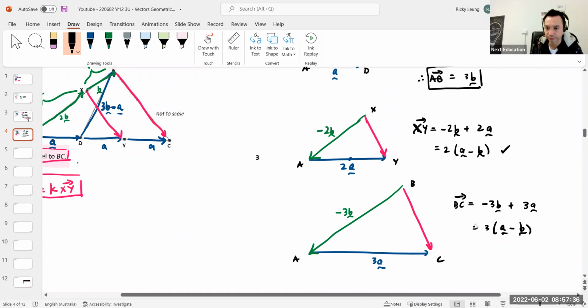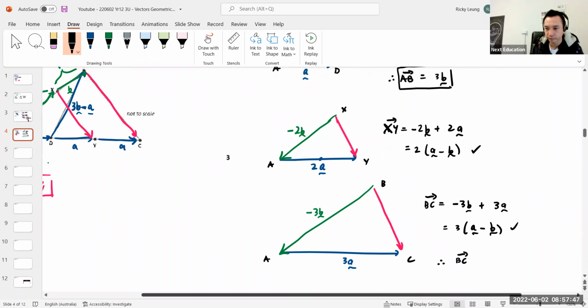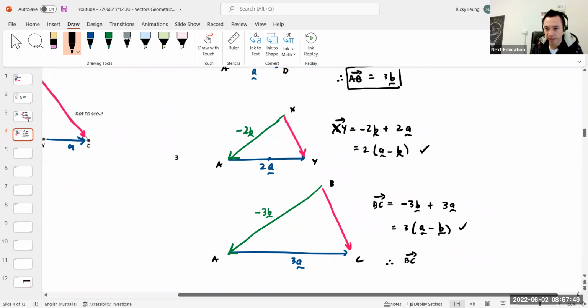Guys, look at that. They're both multiples, so I can say therefore. I'm going to, for both of these, make this guy the subject.